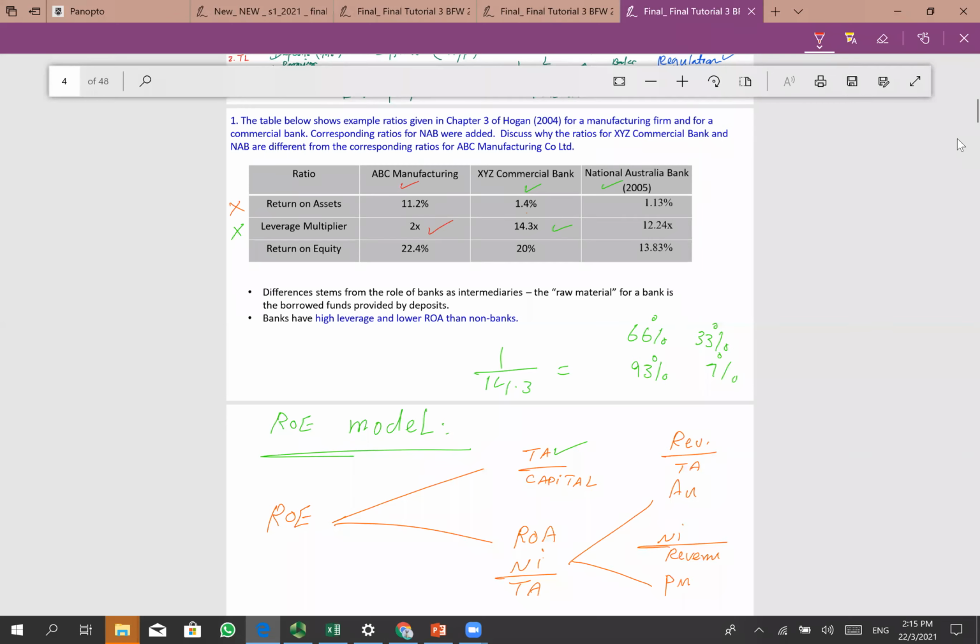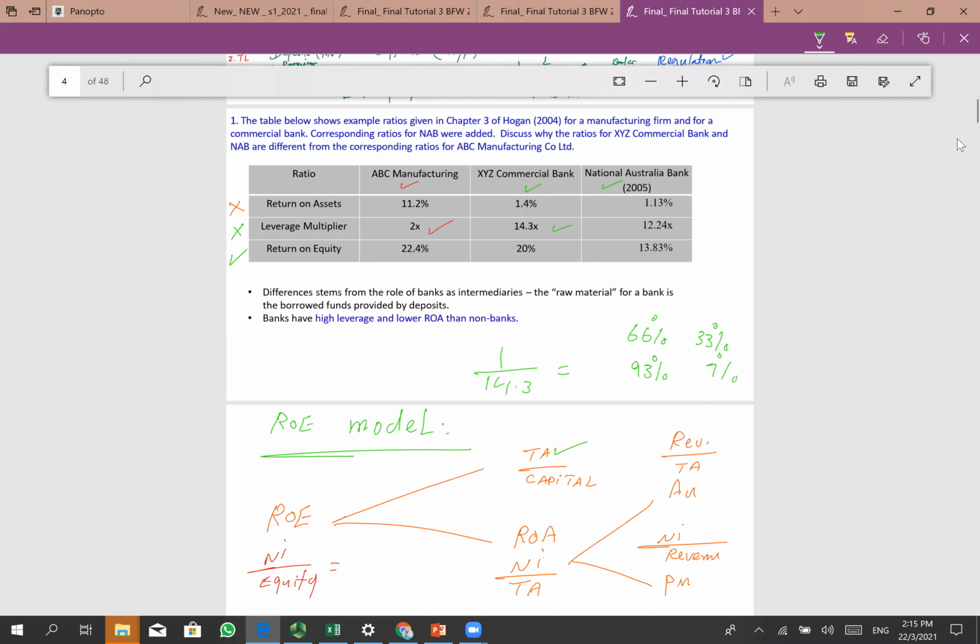Third one is return on equity. Return on equity is net income over equity. So is there total assets or total liabilities included? The answer is no. So I can compare it.